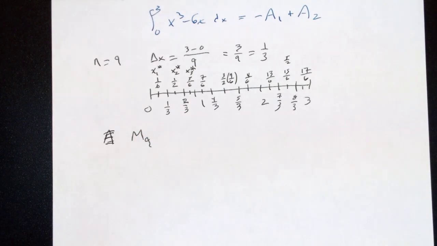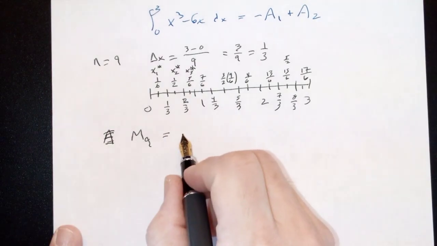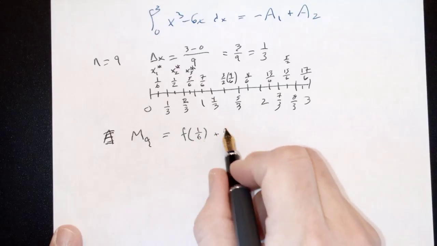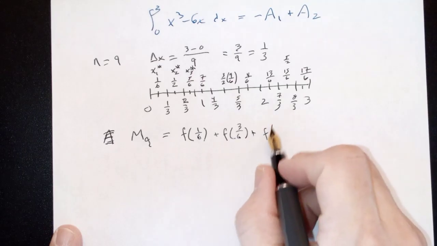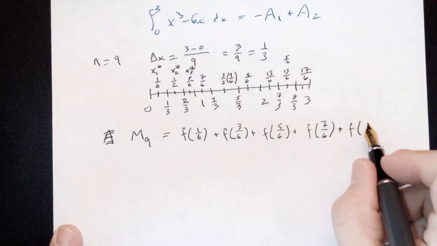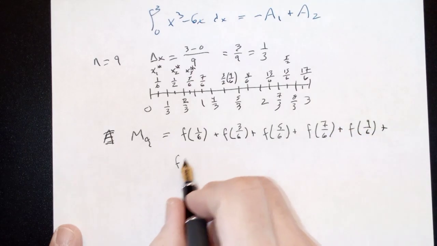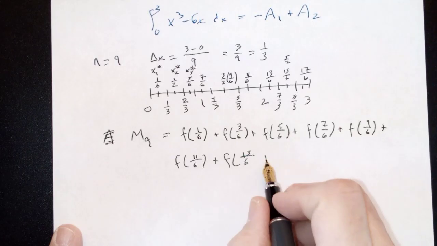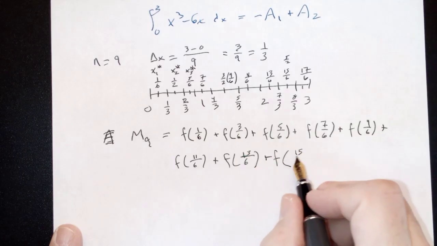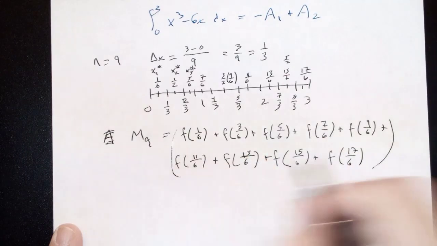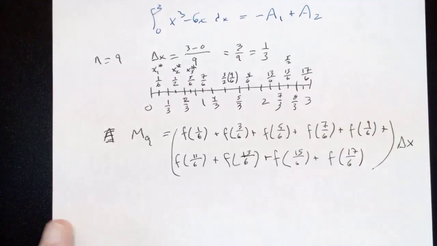The middle sum with 9 rectangles. Height times width, height times width, height times width.